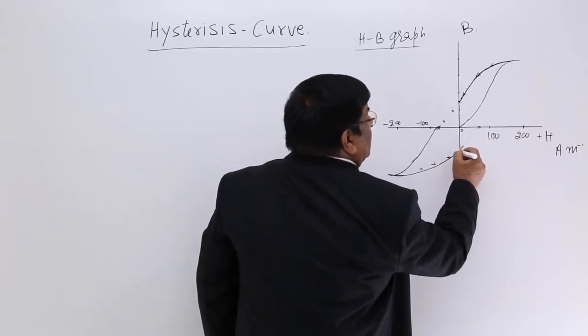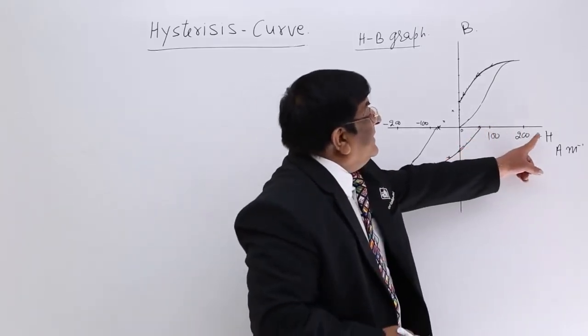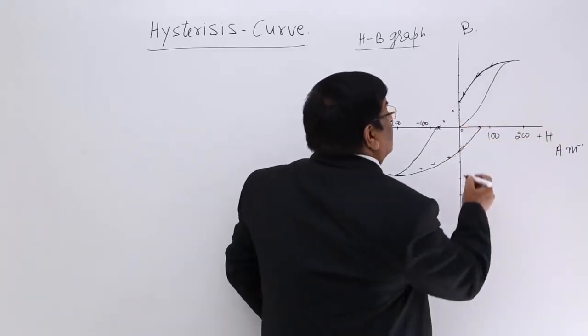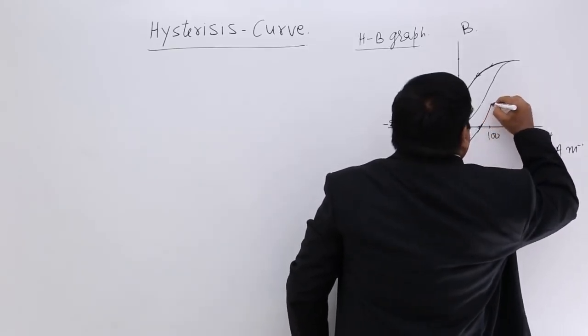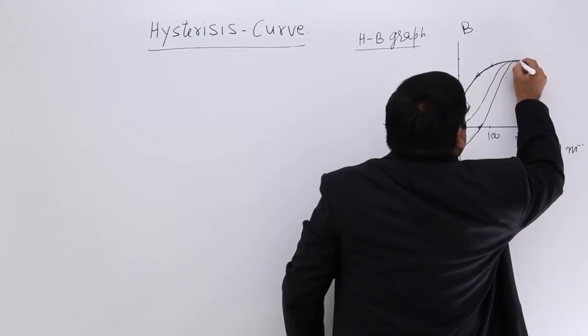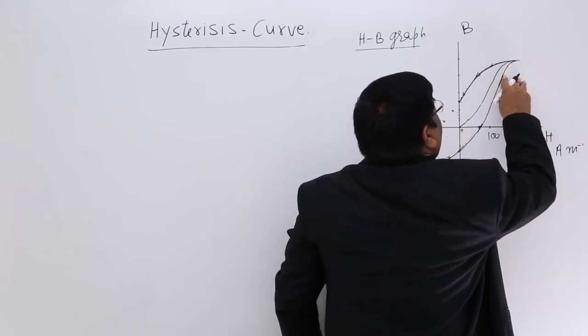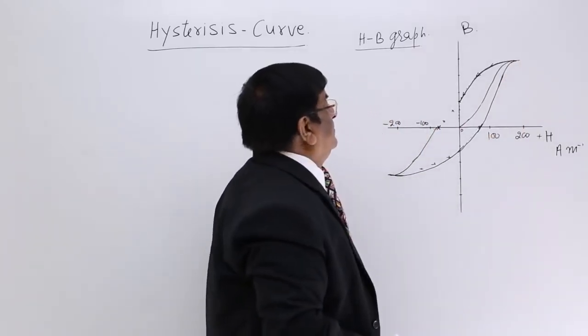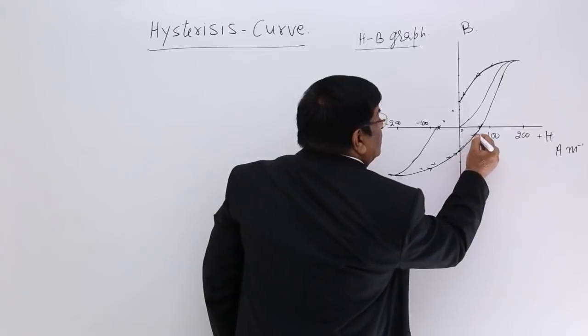So graph goes like this. Now we keep on increasing H in positive direction and B goes on developing in positive direction. This way. So this is the path of this graph.